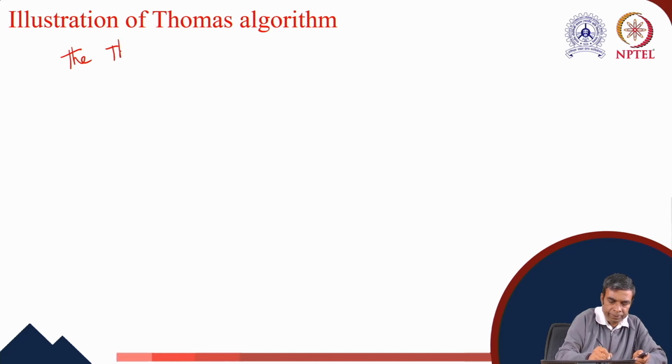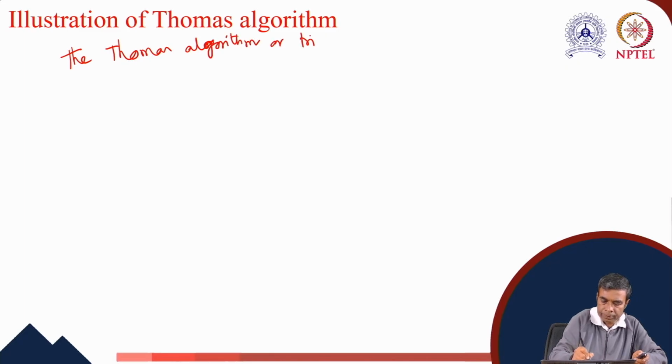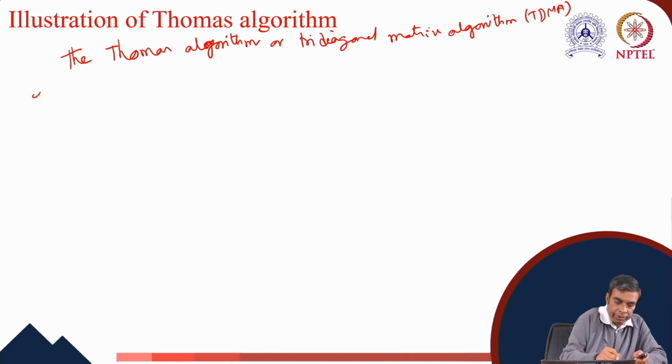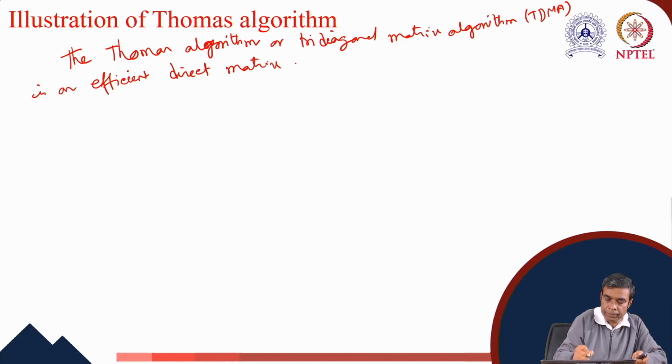The Thomas algorithm, or tridiagonal matrix algorithm, briefly known as TDMA, is an efficient direct matrix equation solver.